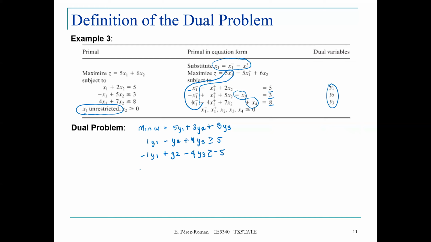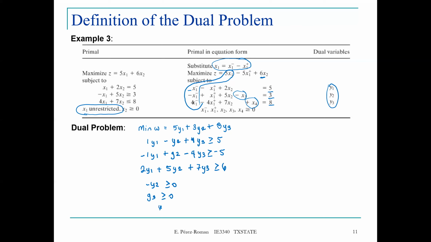And then we have 2y1 plus 5y2 plus 7y3 greater or equal to 6. 6 is coming from here. And then we have minus y2 greater or equal to 0 and y3 greater or equal to 0.